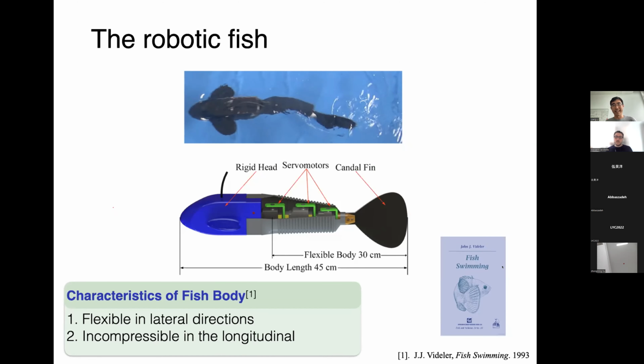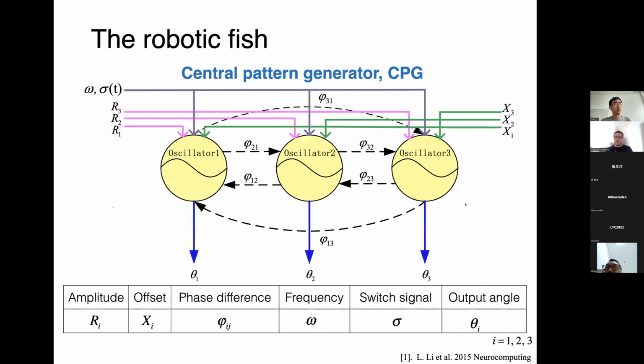So, flexible in the lateral directions allows the fish to flap left, right, and incompressible results in the thrust always contributing to speed instead of compressing energy. So we built a robotic fish with 3 servo motors as shown here. The servo motors are connected in a chain and each motor can freely move left, right, but is incompressible in the front, back direction. Besides the hardware, which is bio-inspired, we also want to build a software, which is also bio-inspired.